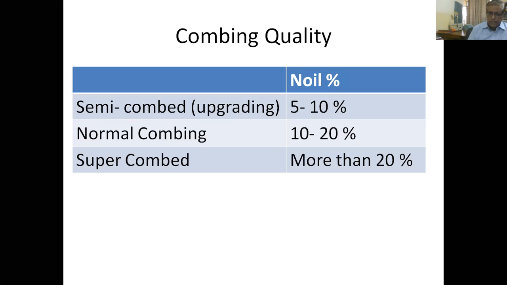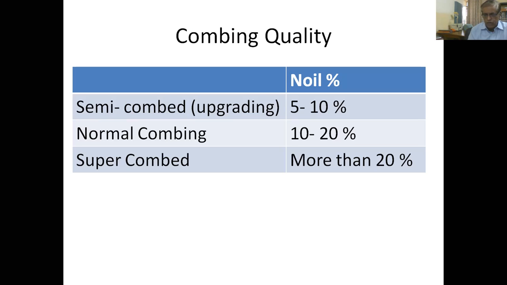Semi combing is that in which 5 to 10% noil is removed. This is also called upgrading, meaning improving the grade by 1 step only, a slight improvement in quality. Normal combing is when the noil percentage removed is 10 to 20%.